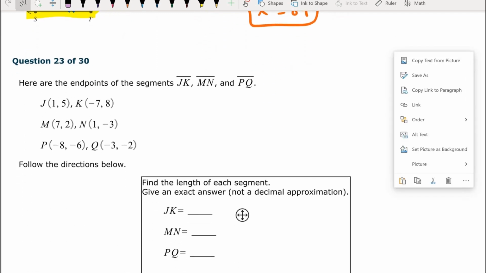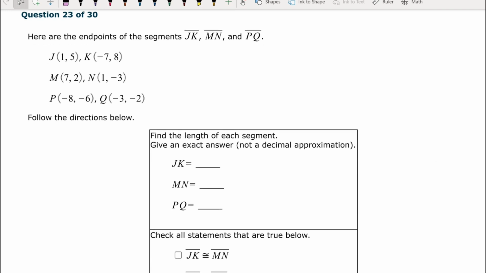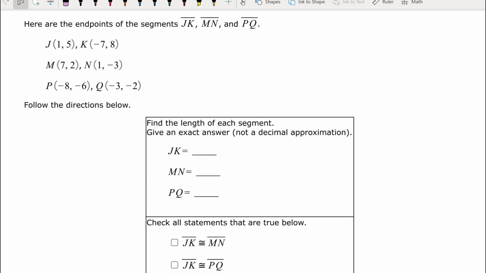Alright, we're going down to problem number 23. Here are the endpoints of the segments JK, MN, and PQ. So they give you a set of 6 points. Follow the directions below. Find the length of each segment. Give the exact answer and do not use a decimal approximation. So we're going to find distance by using the distance formula.